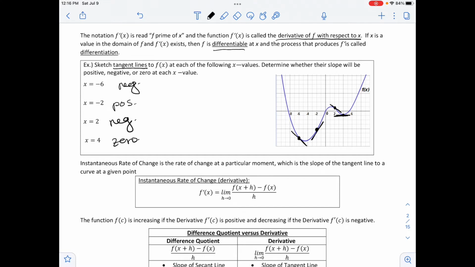Right below that, it says instantaneous rate of change is the rate of change at a particular moment, which is the slope of the tangent line to a curve at a given point. So our instantaneous rate of change, or our derivative, f prime of x, is again the limit as h approaches 0 of f of x plus h minus f of x all over h.